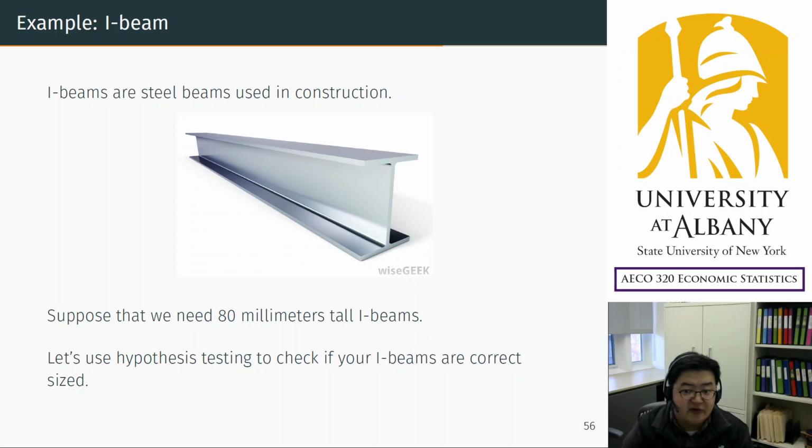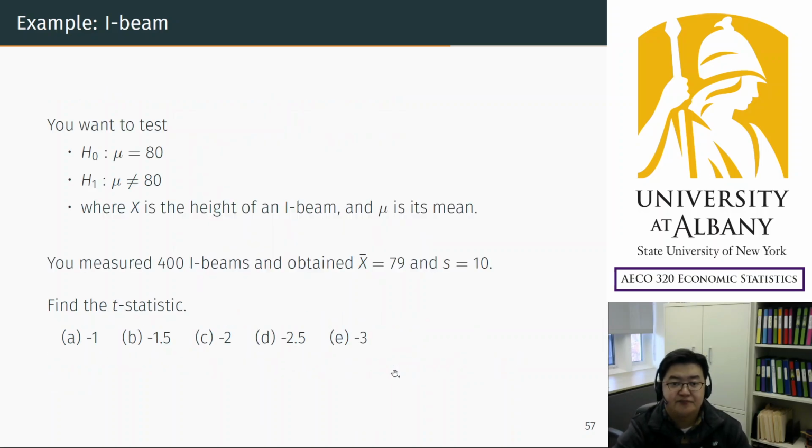Of course it is very important to have the correct sized I-beams. So we are going to use hypothesis testing to check if your I-beams are the correct size or not. I would like to set up the hypothesis this way. The null hypothesis is that the mean is 80 millimeters, and the alternative hypothesis is the negation of the null hypothesis.